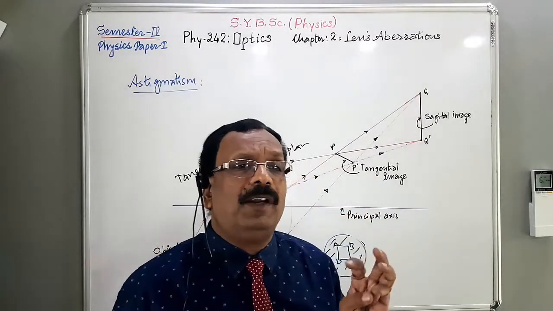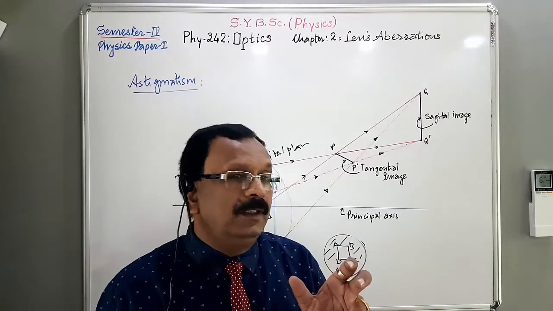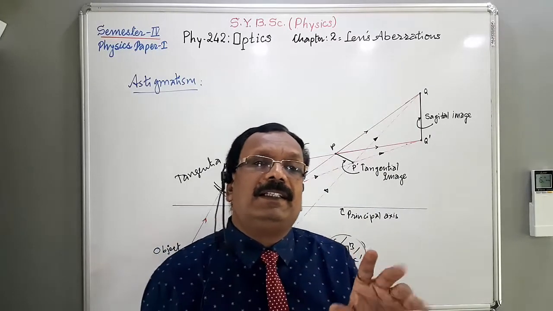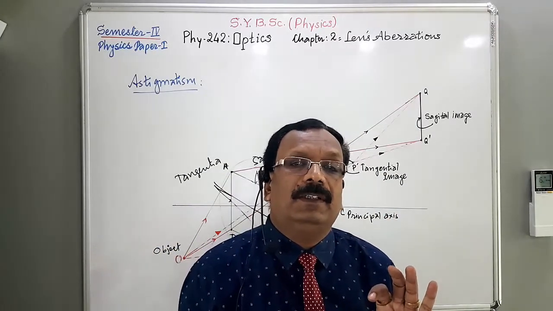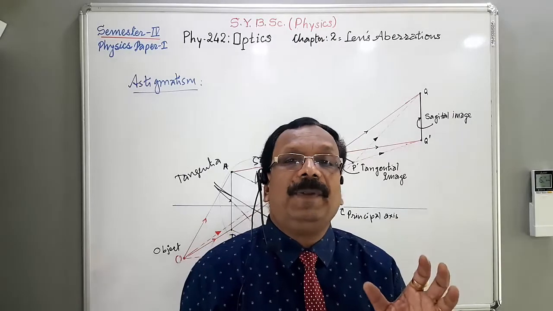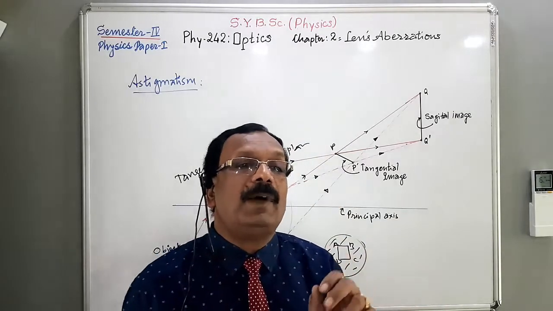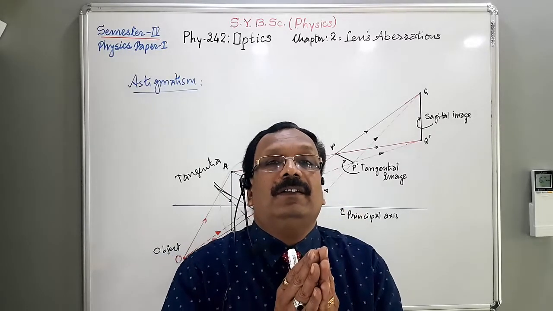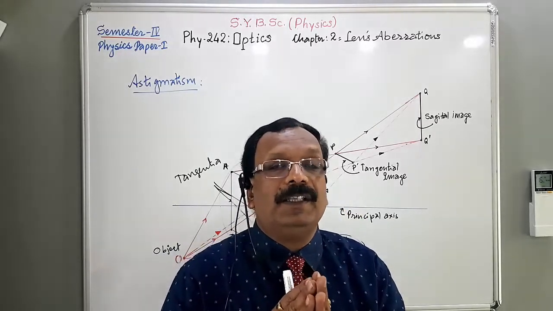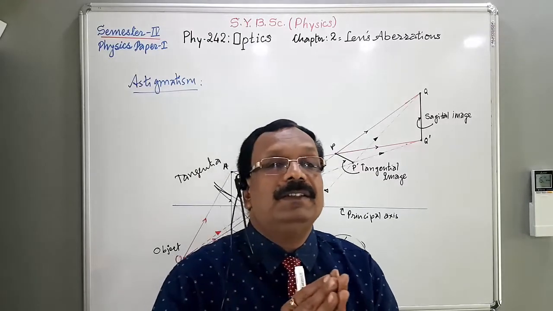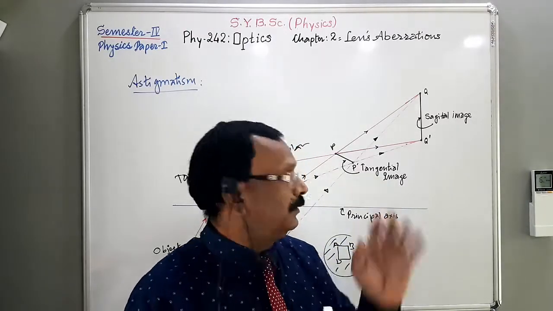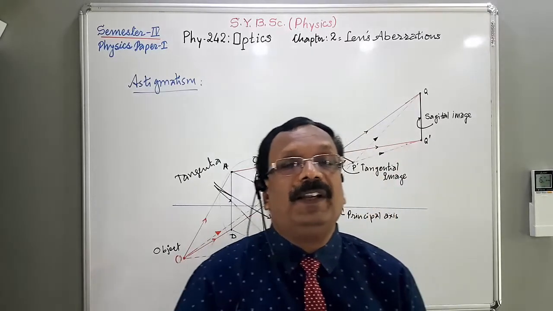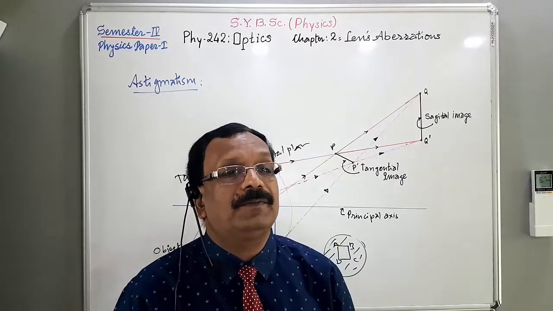What I say in the third point, if there are several lenses in the optical system, the defect of astigmatism can be reduced by adjusting the respective position between the different lenses. Okay. In this way we studied astigmatism, the important defect of the lens.